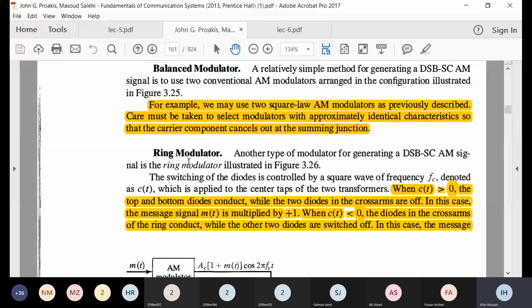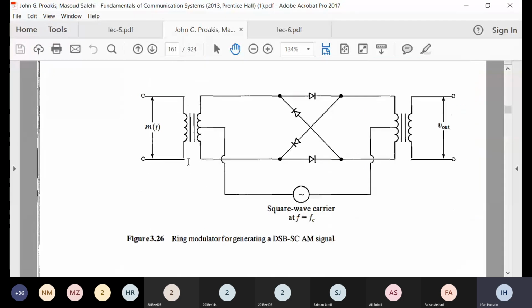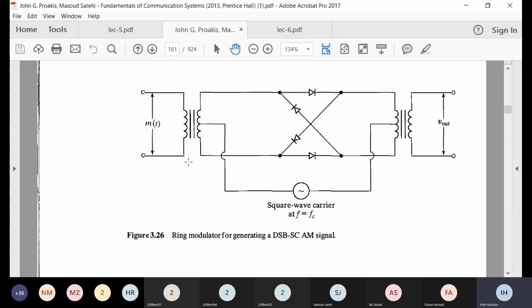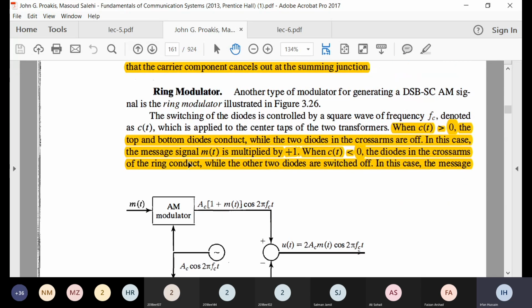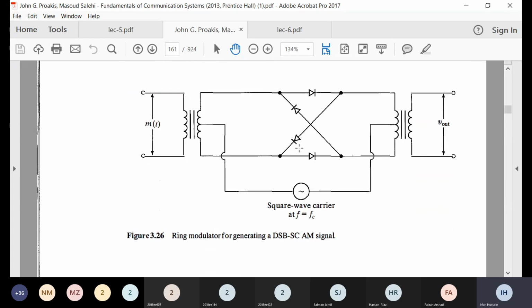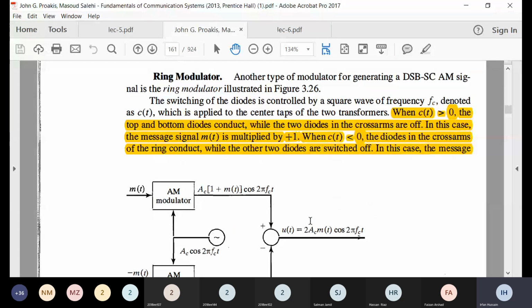Then we have the ring modulator, shown here in figure 3.26. The diodes are controlled by a square wave of frequency fc. In the ring modulator, this square wave carrier working at frequency fc will govern the switching.